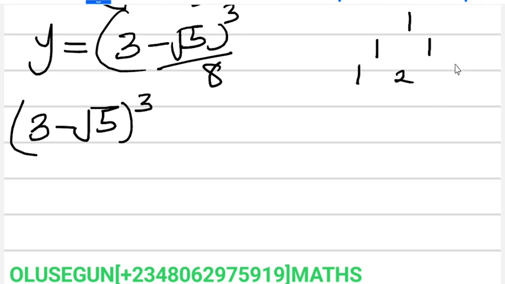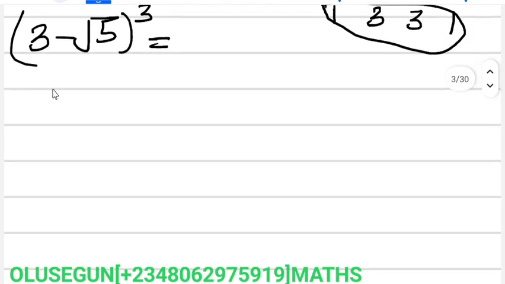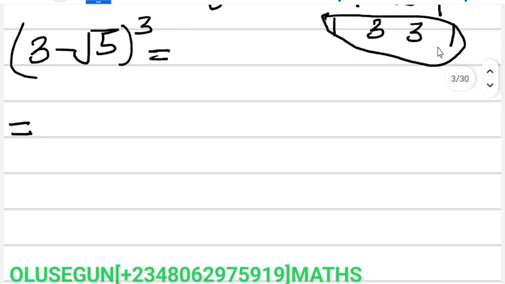So for the power 3 we have 1, 3, 3, 1. What we need now is the coefficient for this. So let's use it to expand this. Recall that we are using 1, 3, 3, 1, and you start from 3.